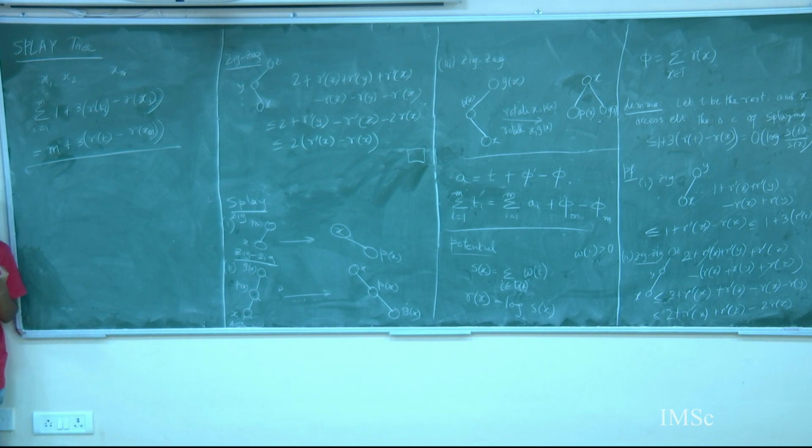So we said that okay, don't look at the individual search cost. Look at the cost of search of a complete sequence, some sequence, and look at the cost that I incur for that sequence. We talked about some easy sequence, like sequential access, 1, 2, 3, 4, dot dot dot n, then in a binary search tree we can do linear time, that is order of 1 amortized cost per search.